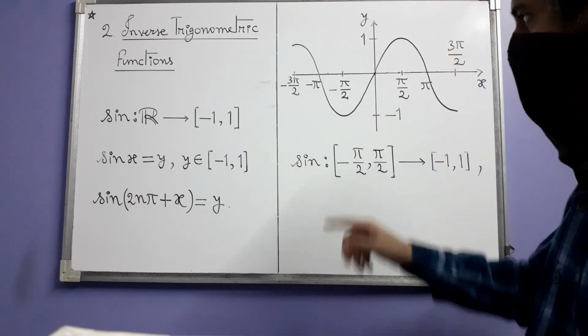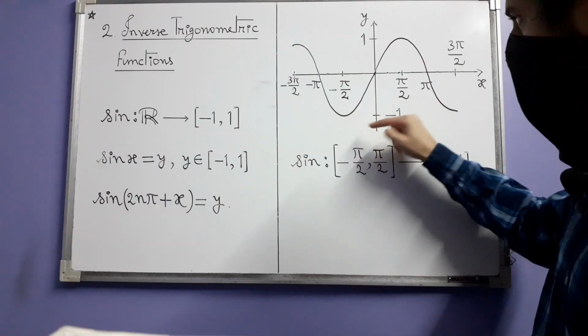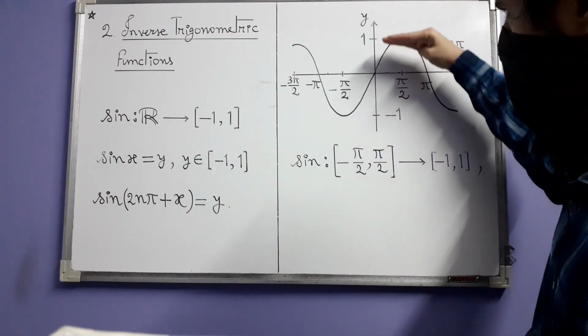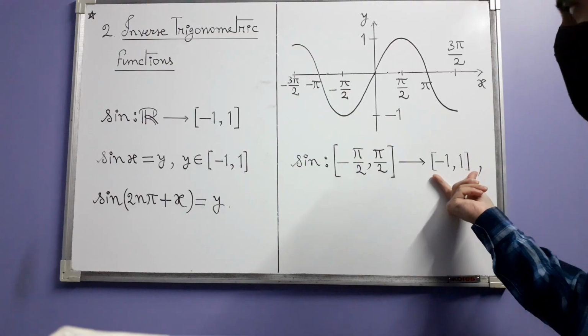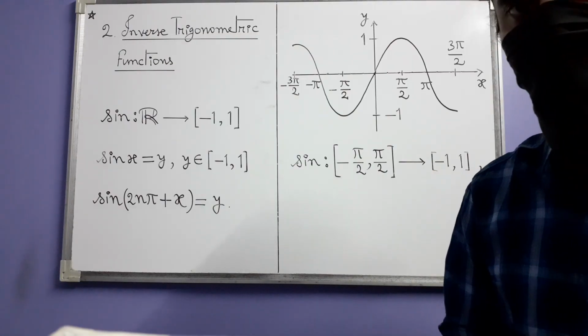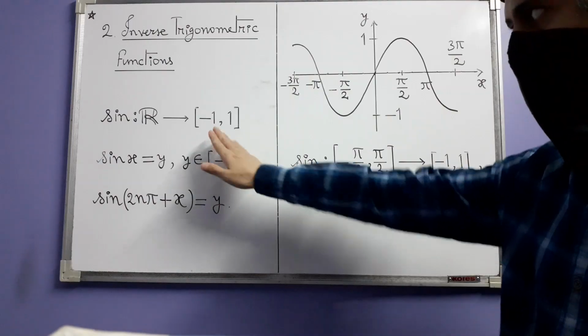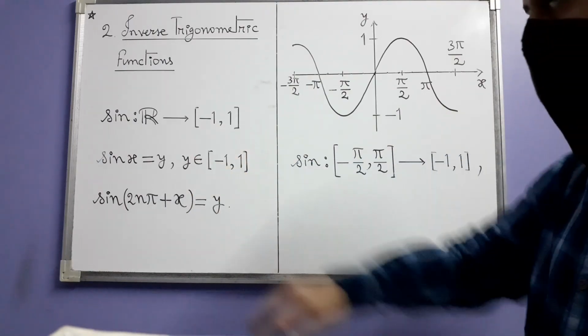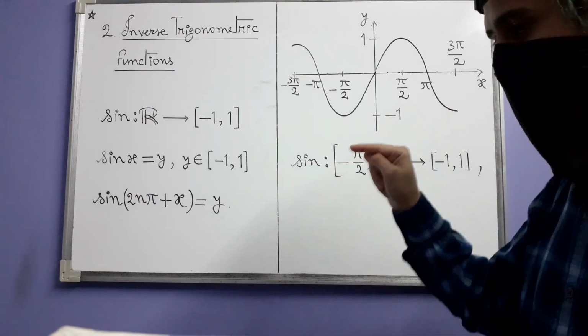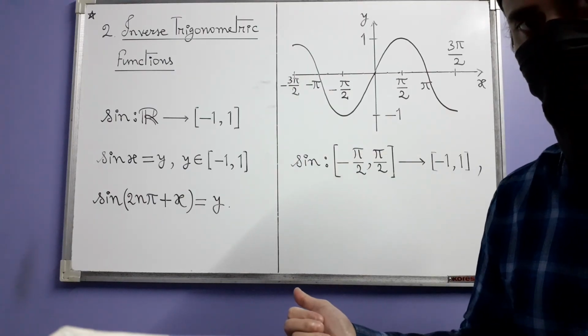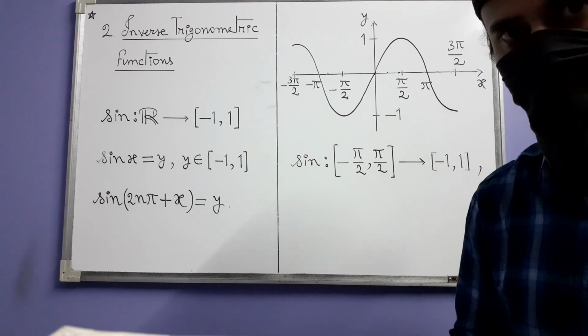In doing so, it assumes all values between -1 and 1. So you are getting every point of this interval as an output, which you were already getting before. But now this modified function is one-one.